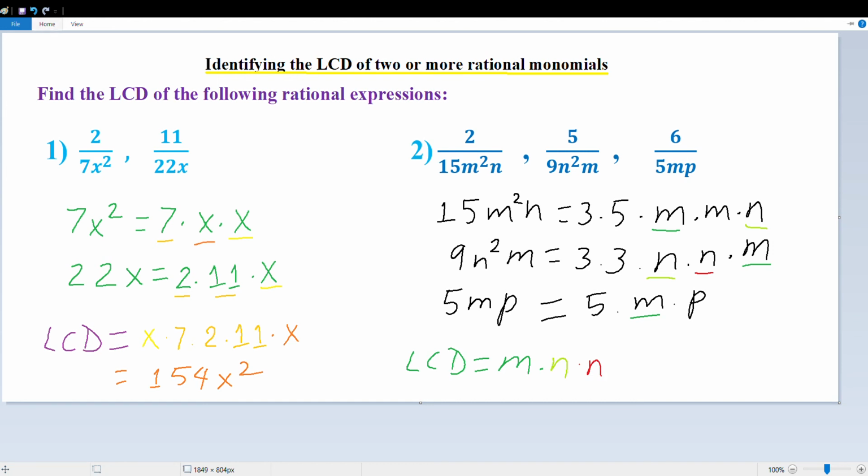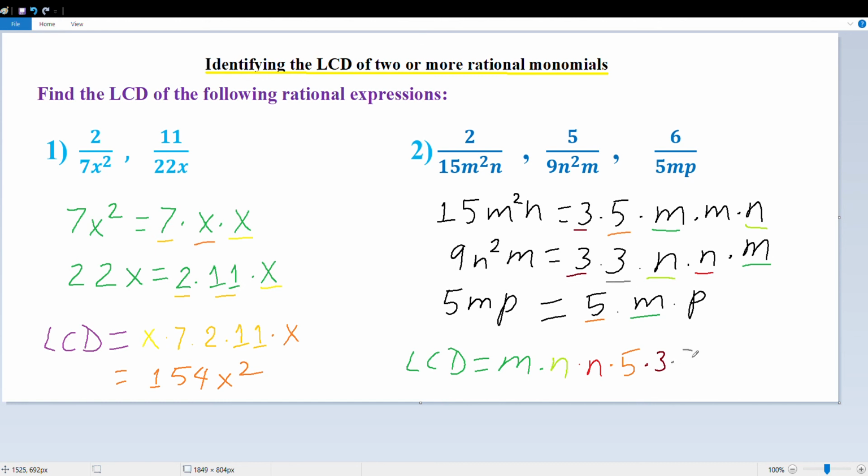Now we also have 5 that's being repeated 2 times. Here we have 5 and then 5. So I'm gonna go ahead and write this 5 since it has 2 repeats. We also have 3 that's being repeated 2 times. So I'm gonna go ahead and write 3. Now we have one more 3 here.